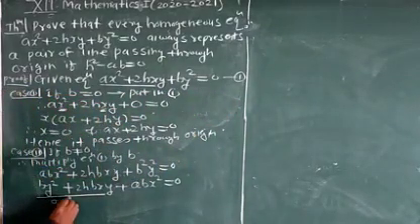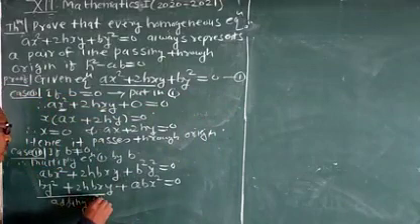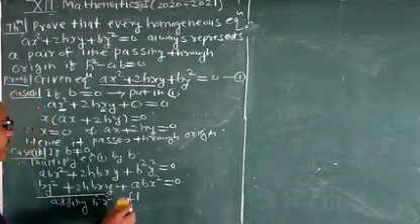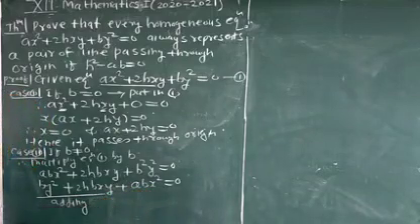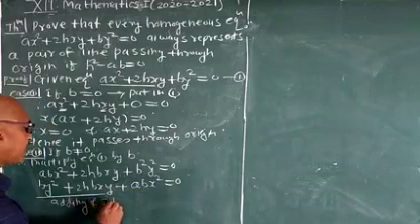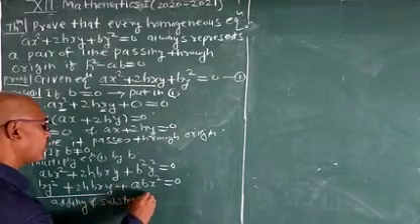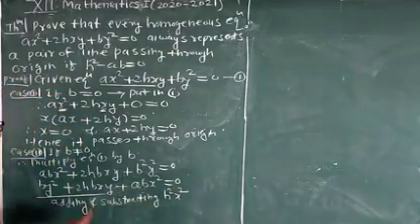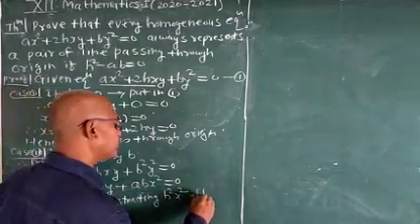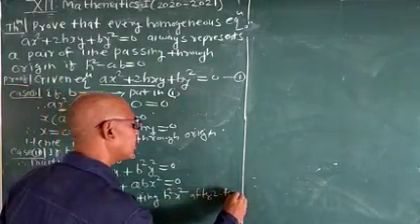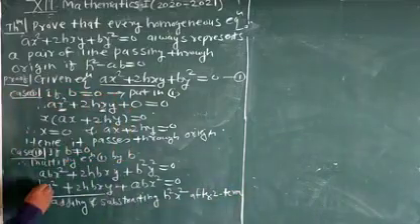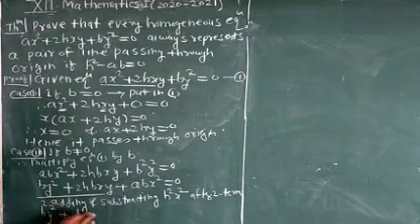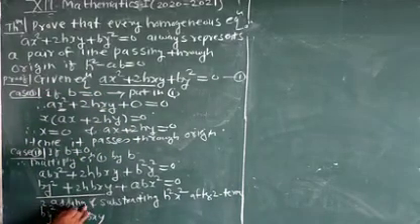So adding and subtracting h square x square after the first two terms, what are the first two terms? b square y square plus 2hbxy.